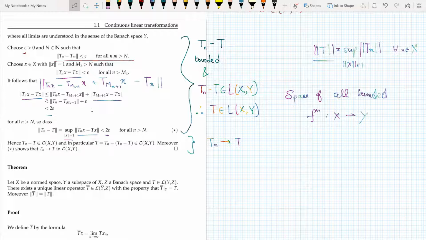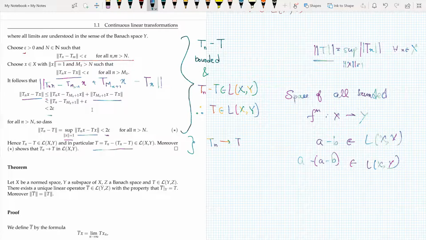So if Tn minus T belongs to Lxy, and Lxy is in fact a vector space, so if a minus b belongs to Lxy, then of course a minus b also belongs to Lxy, which implies that this is exactly what's written.